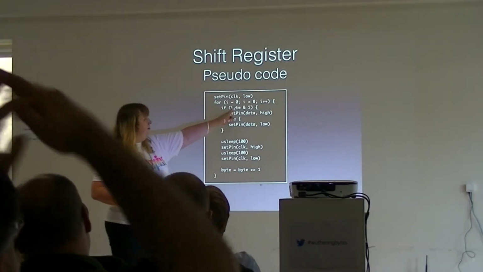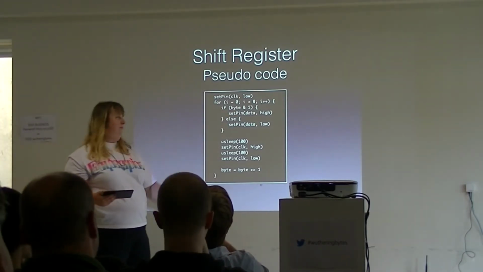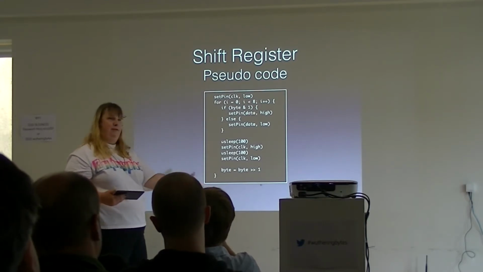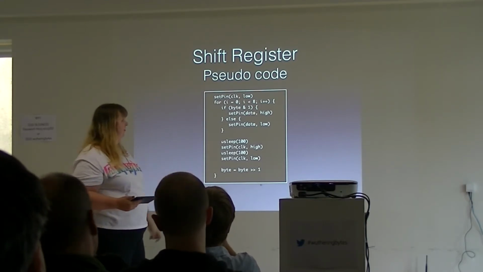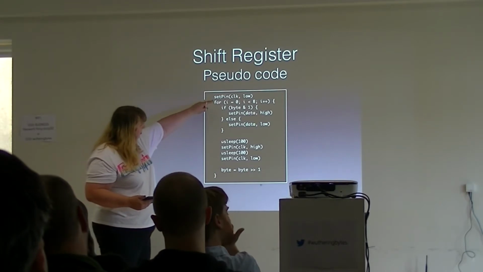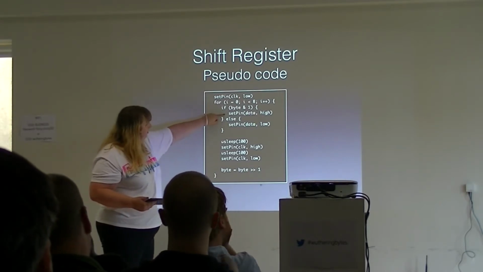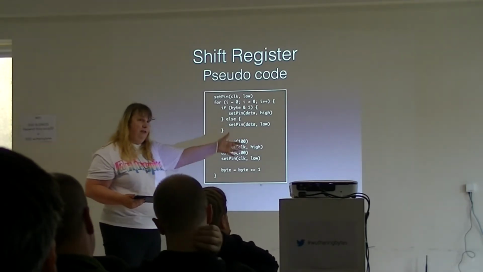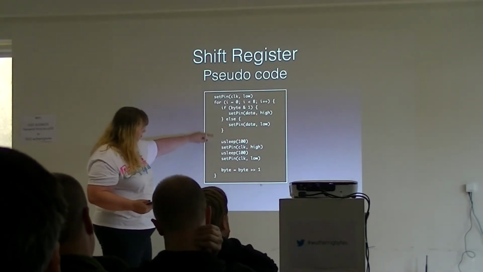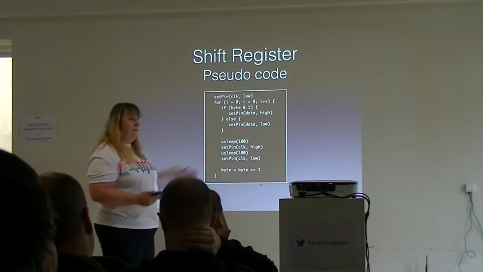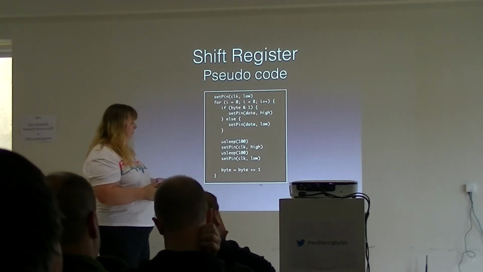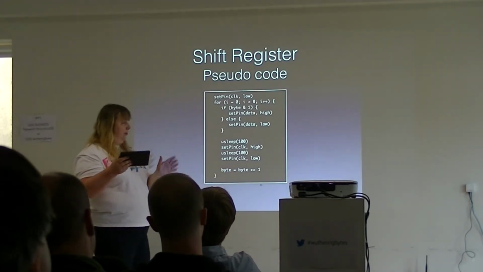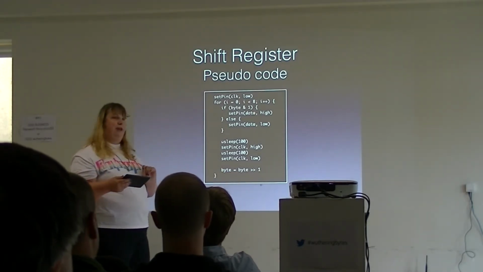So we've got a byte with a value in, and each bit in that is maybe the value and output of our shift register. We just work through each one, so we take the first bit, is it high or low, set the data pin to high or low, pulse the clock, and it moves once into the shift register. We then move our byte, so we're now looking at the next bit in our byte.